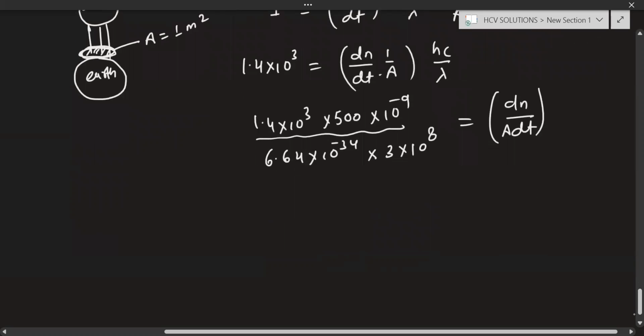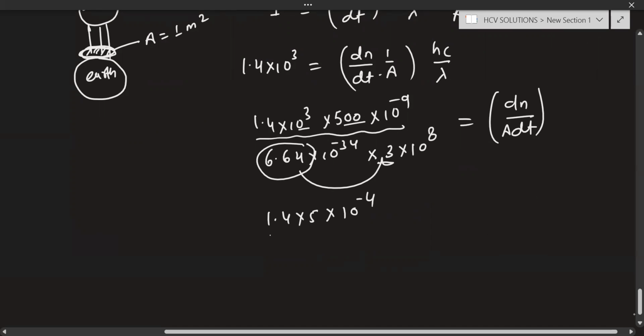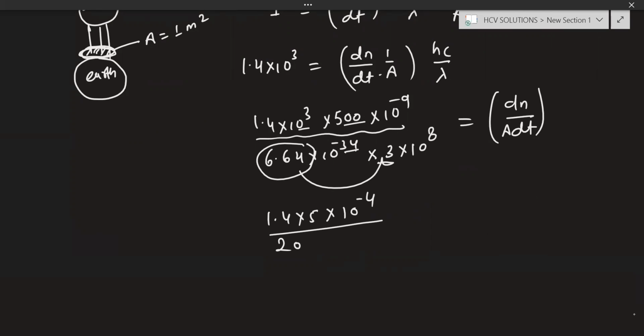If you multiply this with this, approximately 20 you will find, and 1.4 times 5 gives 10 to the power minus 4 almost, and here it will be 20 times 10 to the power minus 26.